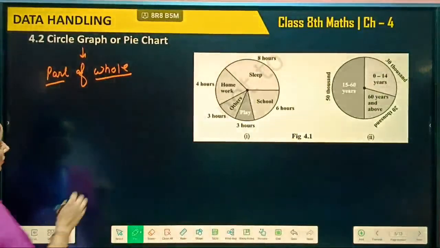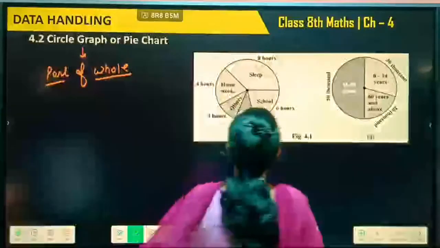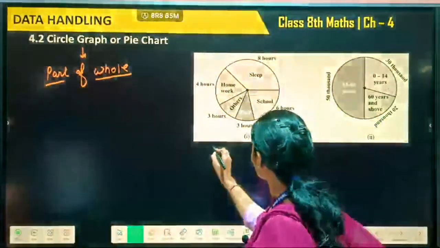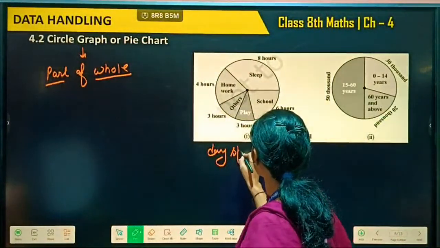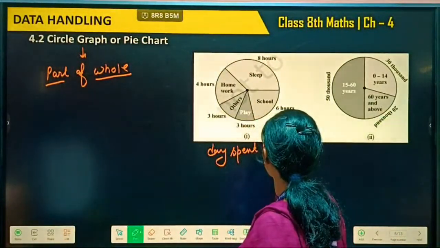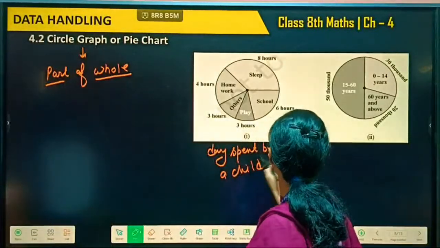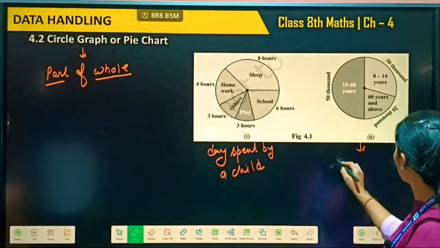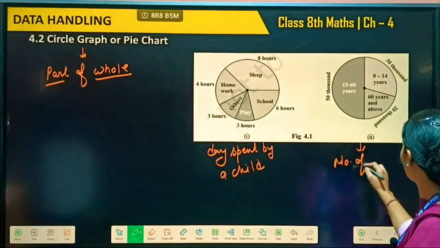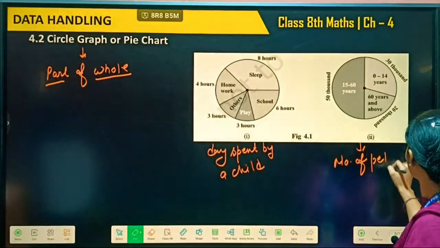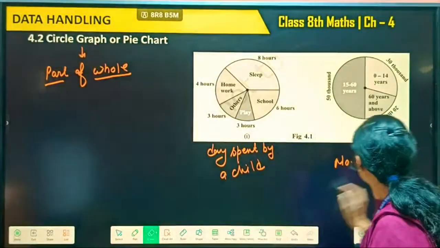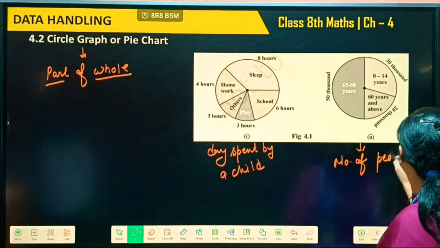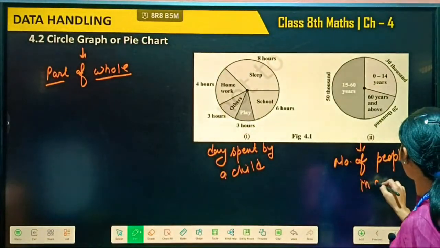See, a day spent by a child, we can write, and this is the number of people in a city.